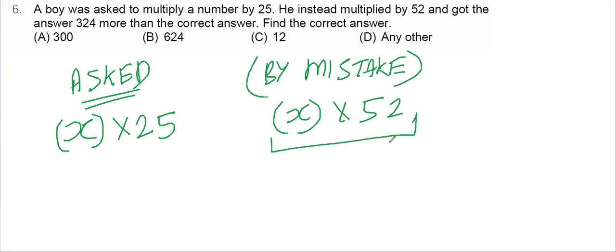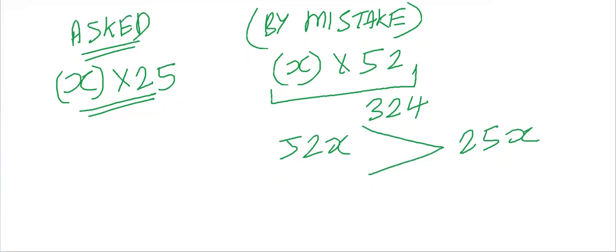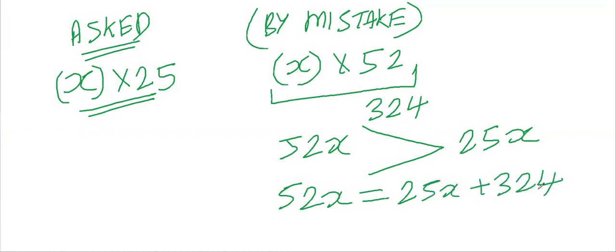So this answer, whatever he got, which is 52x, is 324 more. Then the correct answer will be 25x. We need to find the correct answer, which is 25x. So how to solve this? 52x is equal to 25x plus 324.